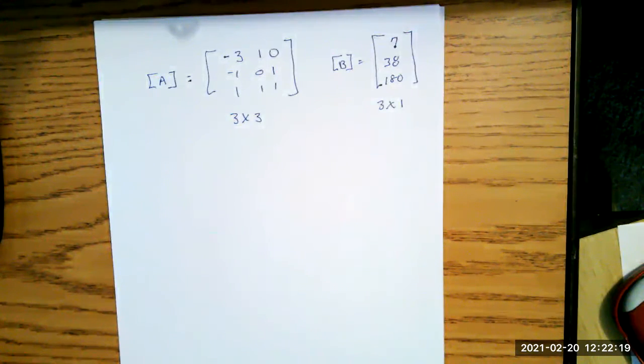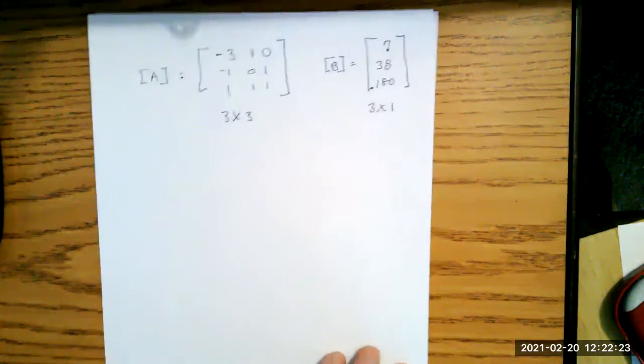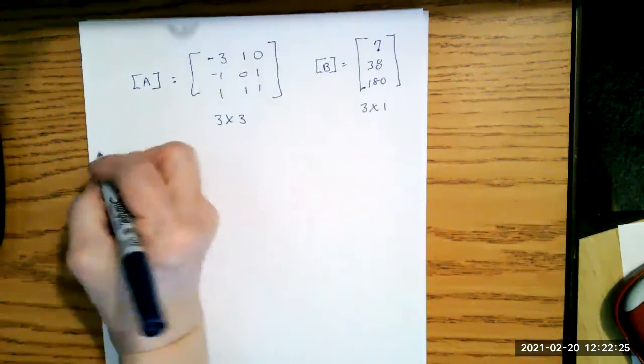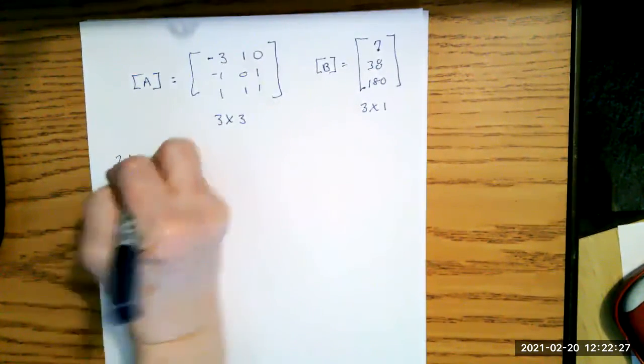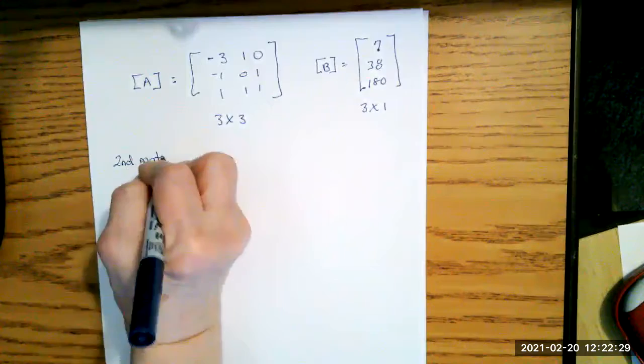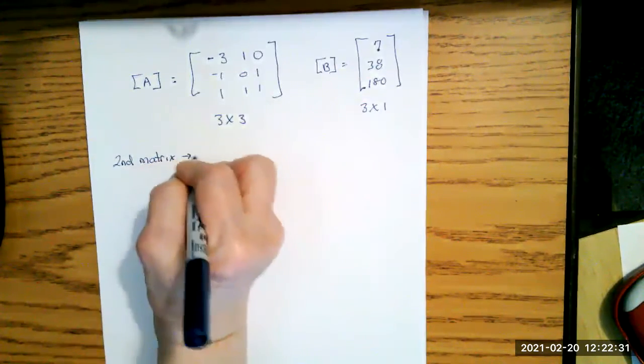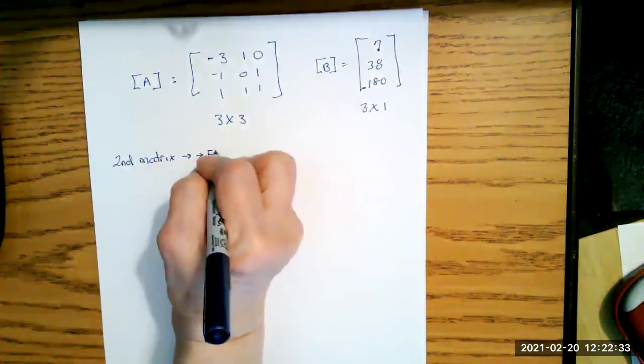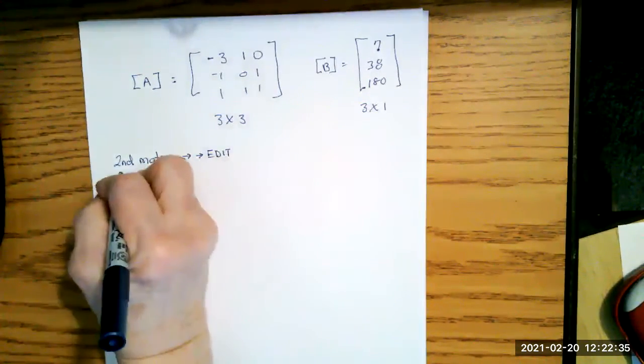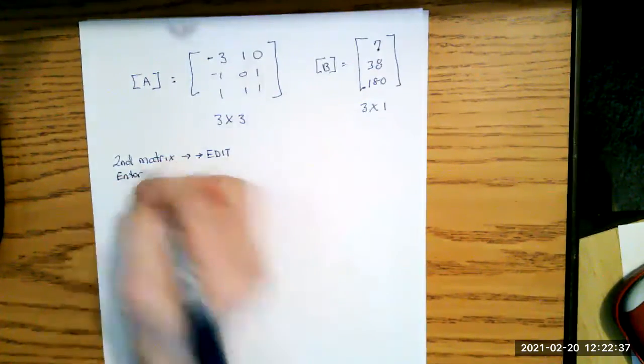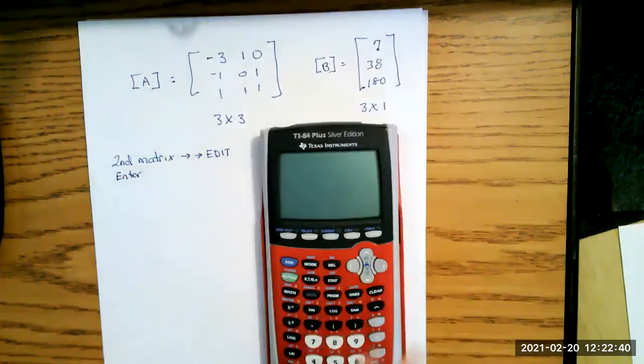Okay, let's see how we're going to put it in our calculator now. In our calculator, our directions will go second matrix, and then we're going to go over twice to edit and enter. So let's see if we can do that. We want to get this one in.